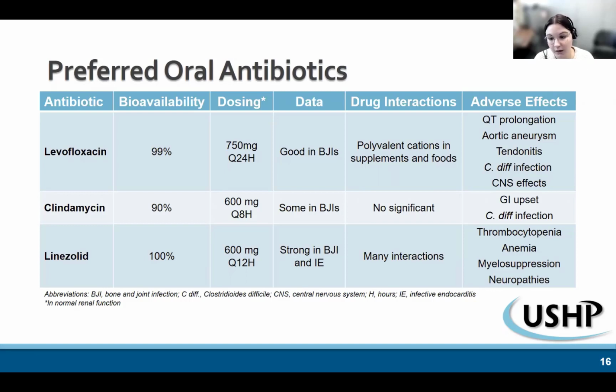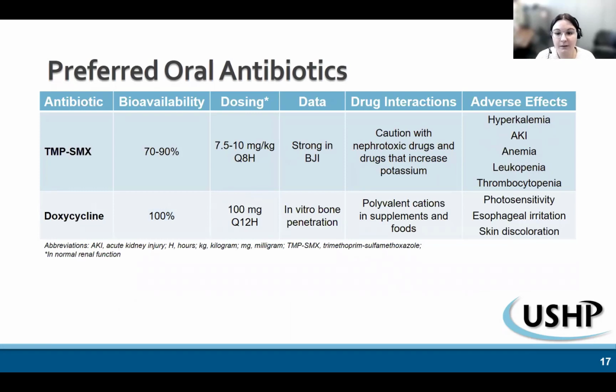There are many drug-drug interactions, most notably with the serotonergic agents like sertraline, and some significant adverse effects are thrombocytopenia, which is low platelets, anemia, low red blood cells, myelosuppression, also decreased bone marrow activity, and neuropathies. But typically, these more severe adverse effects are seen with the longer durations of treatment, so over more than 2 weeks of treatment.